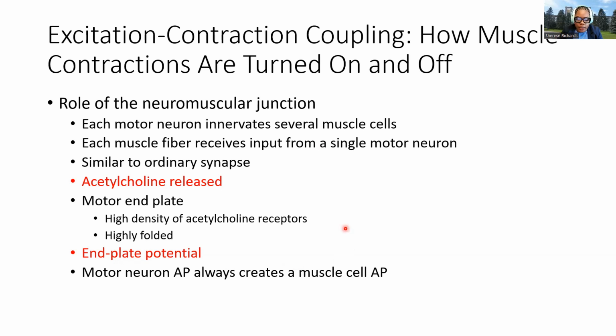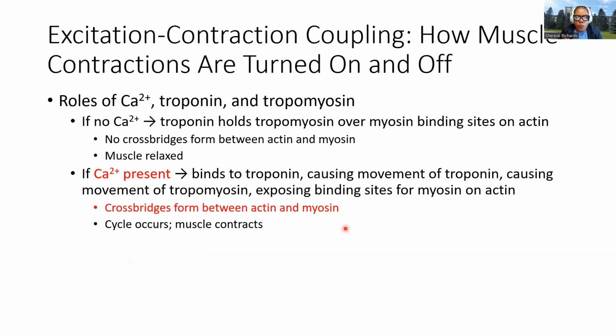So this is always excitatory. As long as there is neurotransmitter release, this is always going to result in excitation or contraction of the muscle because of the steps that we're going to look at here. We spoke about the structure of actin and the structure of the regulatory proteins, and that is a big part of regulating. If no calcium leaves the SR, remember calcium is being stored in the sarcoplasmic reticulum, and then on the trigger of the end plate potential, that calcium gets released, and then it can engage with troponin and expose the binding sites by moving tropomyosin away from those sites.